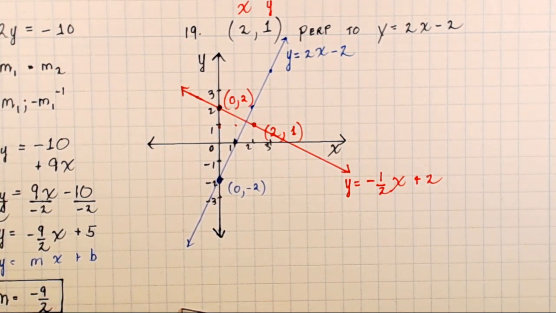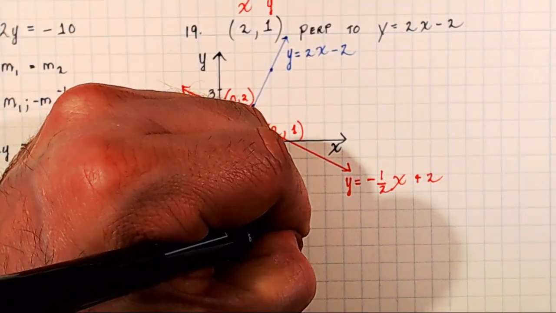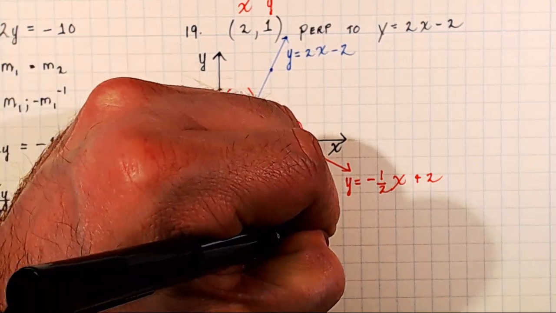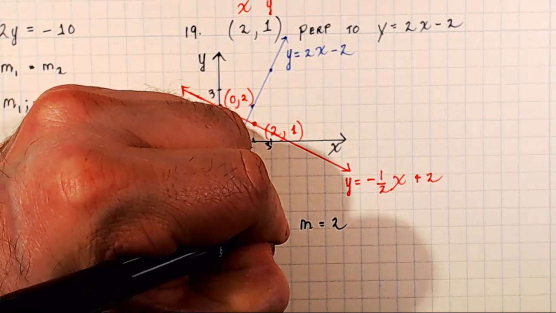Okay, so first I'm going to declare that the slope of the first equation is 2. So it's kind of like this, you're setting this little thing up.